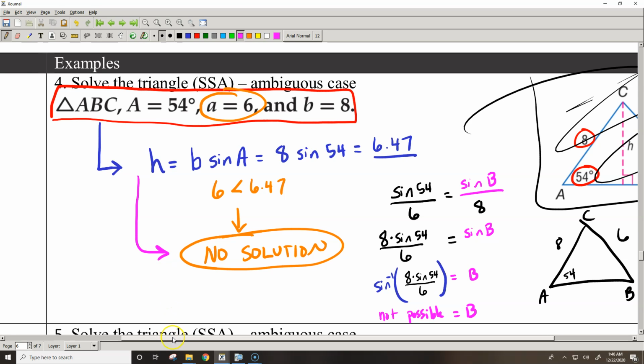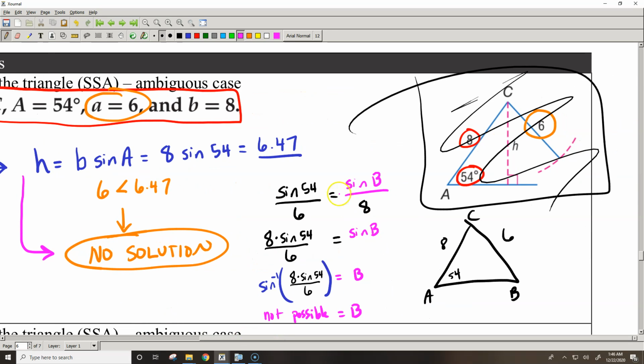But even if you forget that and just try to use the law of sines, you're going to run into a roadblock anyway. When you try to solve for that angle B, it's going to say error. It's going to say no solution. That would give you feedback to say, this must be no solution, right? So you should have indicators there reminding you that this triangle is just not possible.